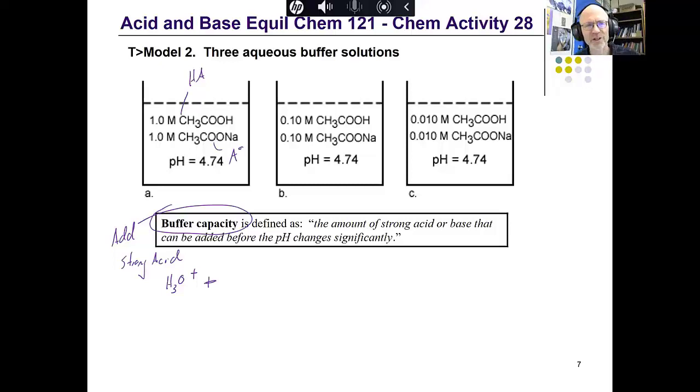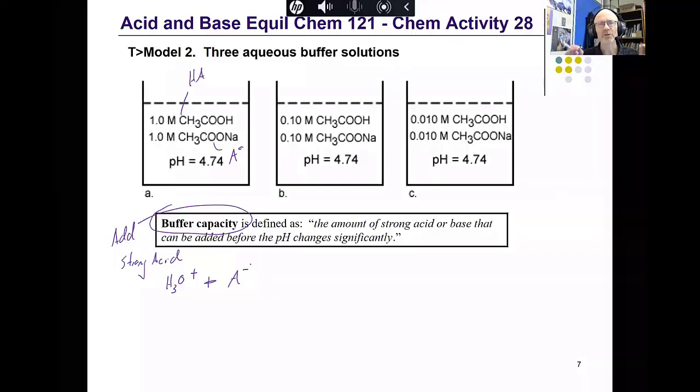Hopefully this is kind of intuitive, but maybe you can give me some feedback. What is the hydronium ion going to react with? So that's the whole point. This is why a buffer system needs both conjugate acid and conjugate base, because it needs to be prepared, if you will, to resist the change in pH upon the addition of either a strong acid or strong base.